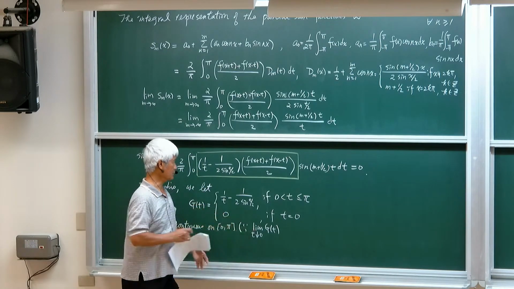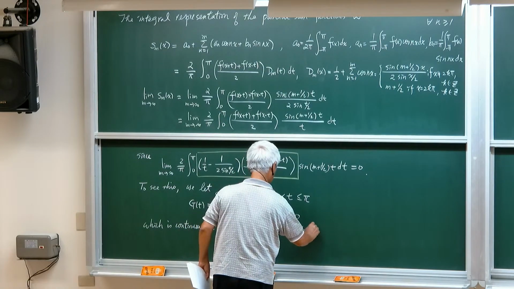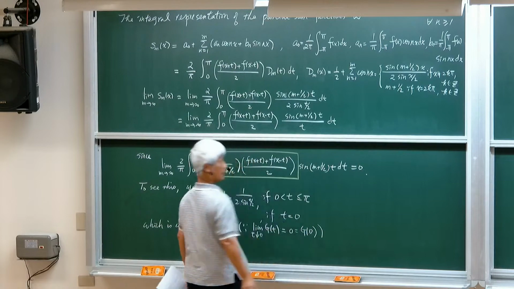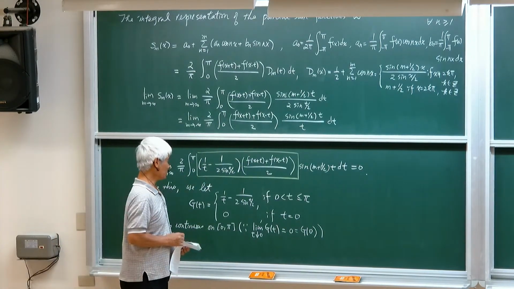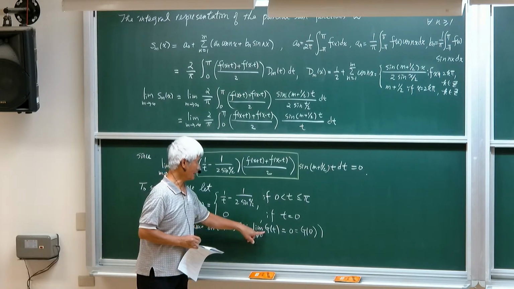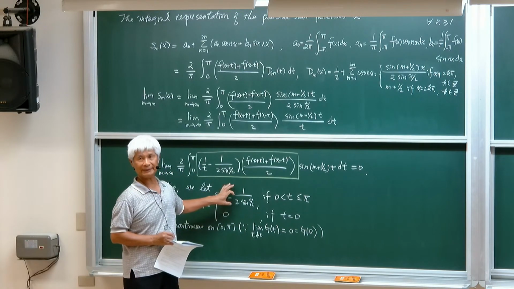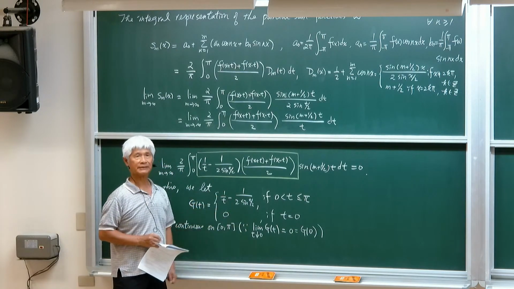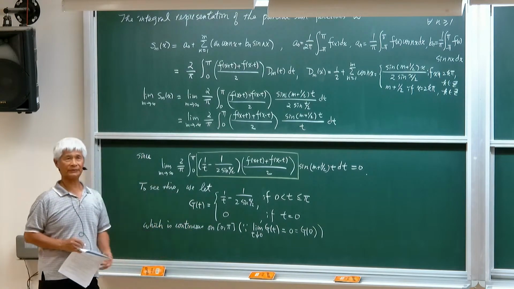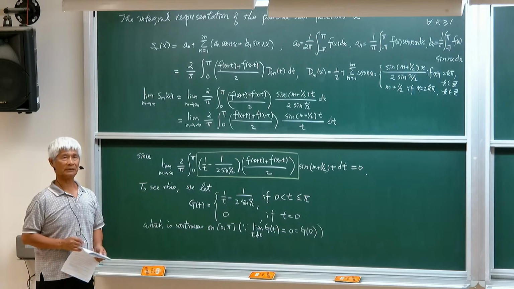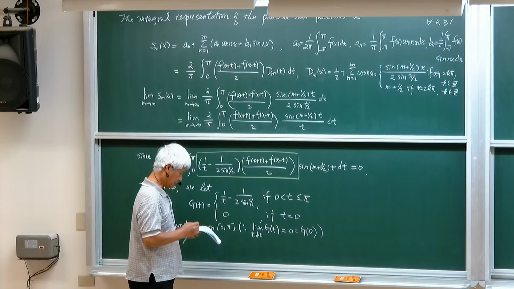So if you check this limit, you will see that this is equal to 0, and this is g(0), okay? Right, and so I ask you to compute this limit, because I have given you this formula already, right? So it's just a practice of limiting process you have learned from calculus. So I'll skip the detail.